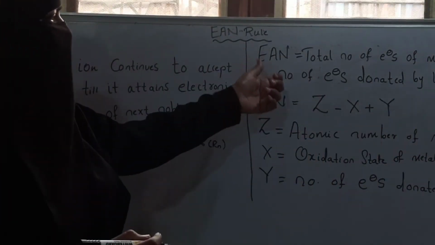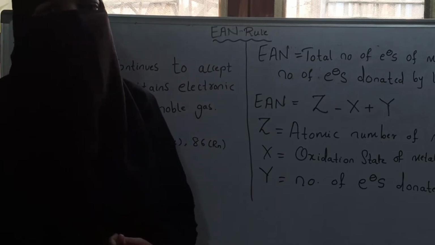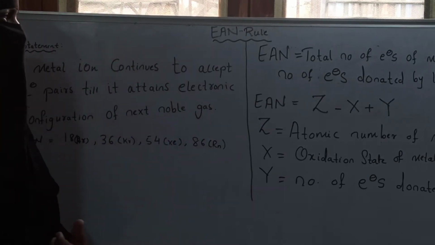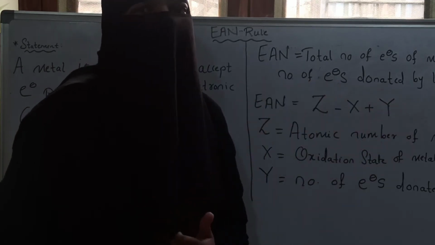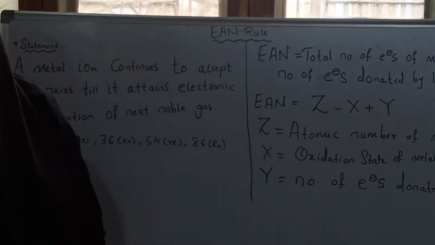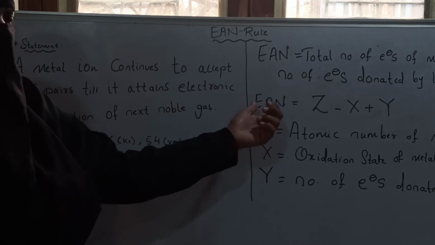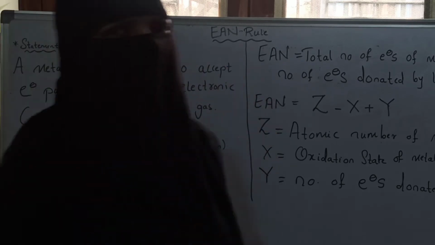So this is the formula to find the effective atomic number, that is EAN is equal to Z minus X plus Y. Now we will solve some problems based on this formula.